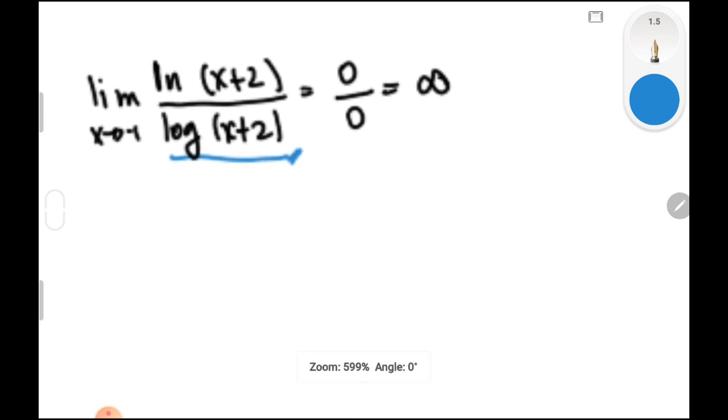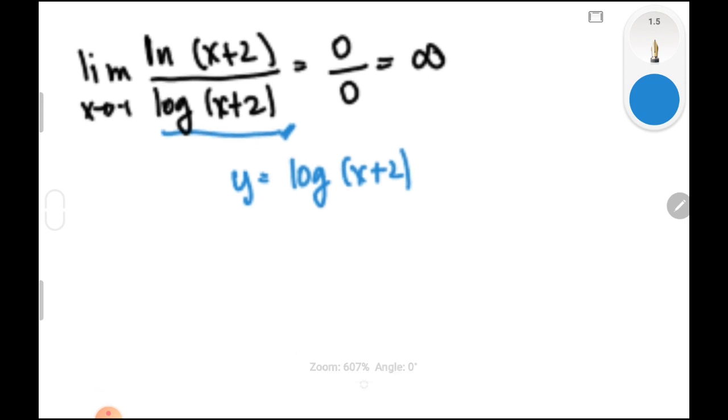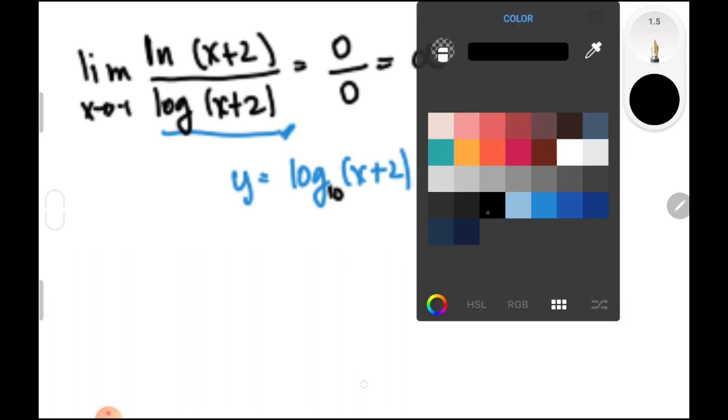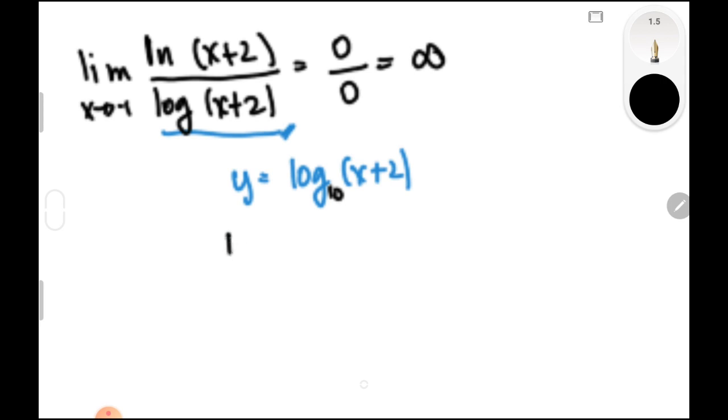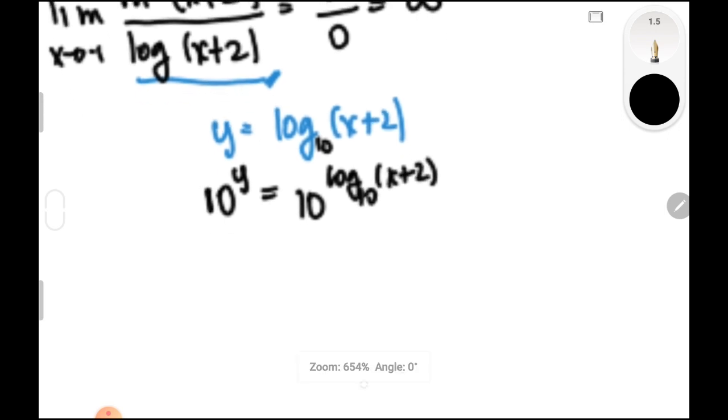Okay, so take note that y is equal to log of x plus 2. Okay, so getting the log of x plus 2, take note that it has a base 10 common logarithm. So therefore, raise natin to, we have 10 raised to y is equal to 10 raised to log of x plus 2 to the base 10. Okay, so therefore, from that standpoint, we will see that you have 10 raised to y is equal to x plus 2.